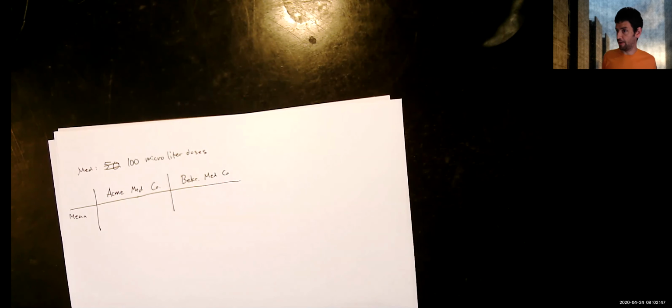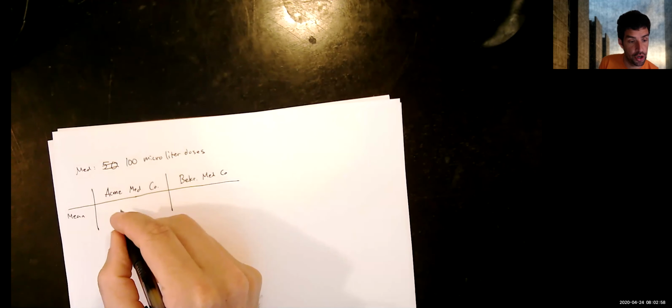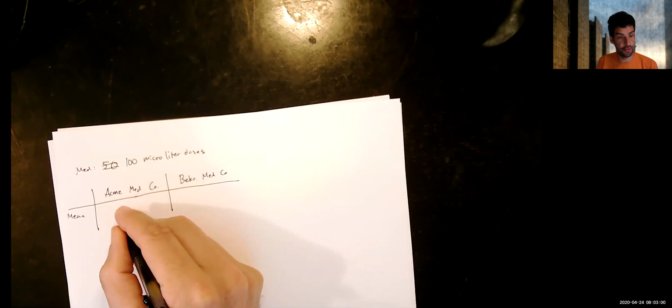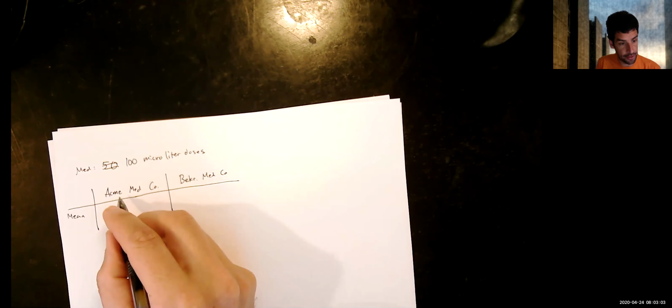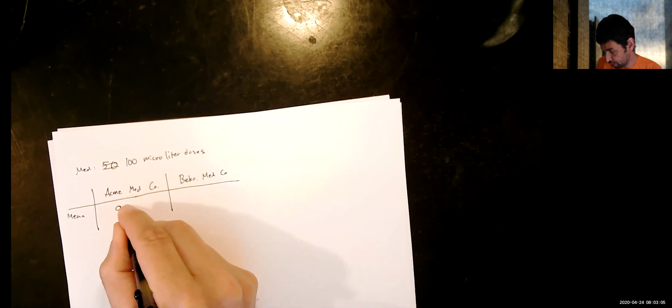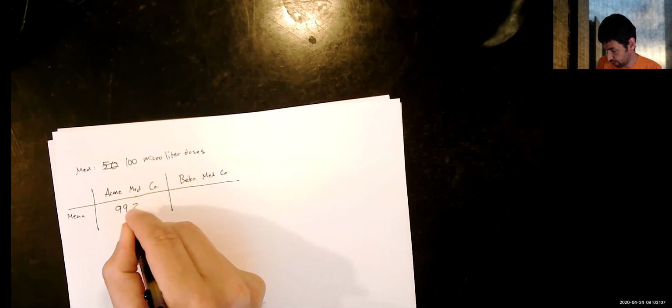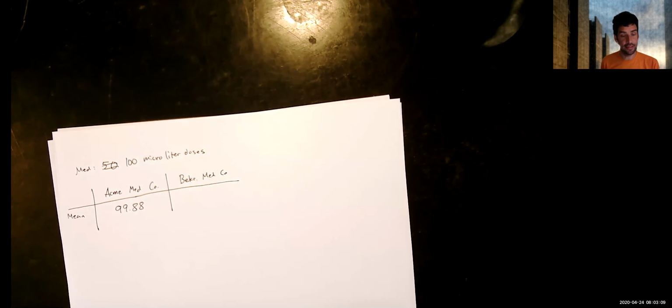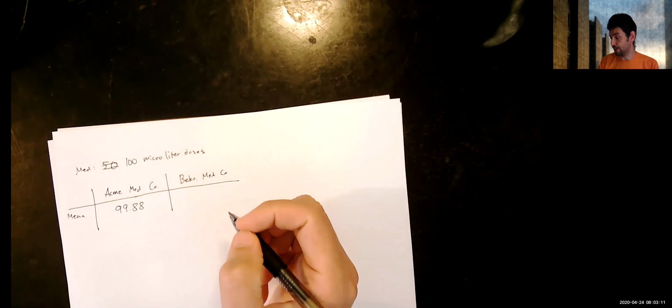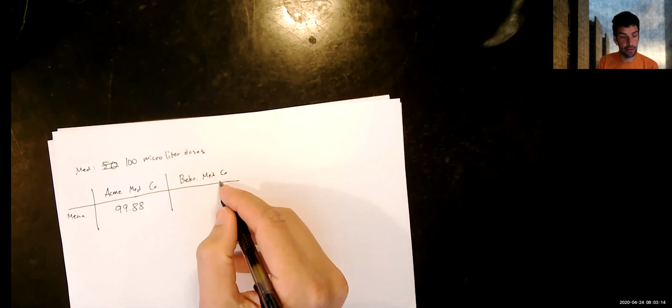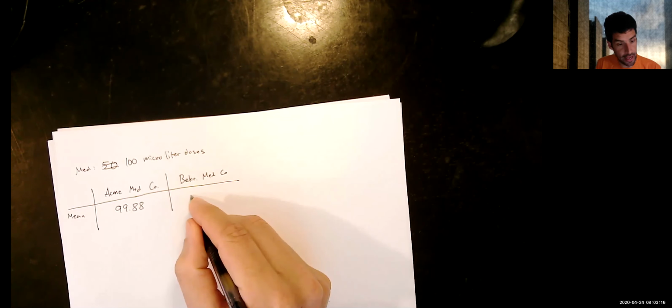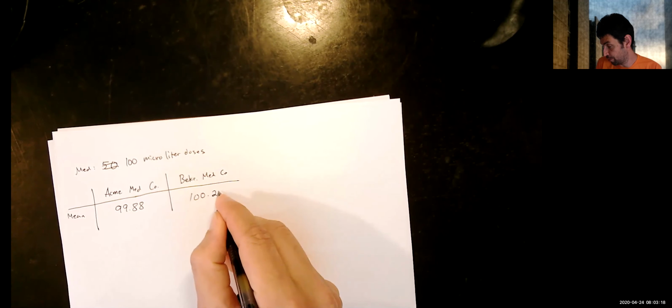Any machine, no matter how high the precision, is going to have some error in it. So not every dose is going to come out absolutely precise, but we need it to be within some range. So we test 100 samples from Acme and see a mean dose of 99.88, not bad. And Beaker Medical Company has an average dosage of 100.24.